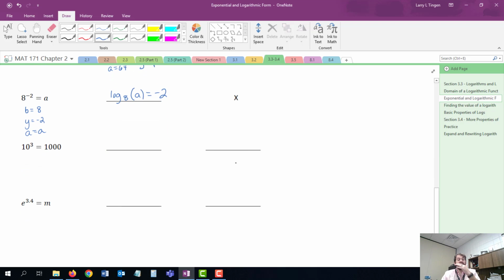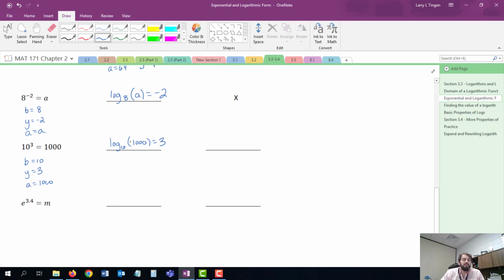Now you're going to see the next one doesn't have any variable in it, so we can reduce this a little farther. Same thing for the bottom. When we manipulate this, we're going to end up with a logarithmic form that we can then reduce. So 10 to the third is equal to 1,000. My base is 10, my power is 3, my argument is 1,000. So that means log base 10 of 1,000 equals 3.